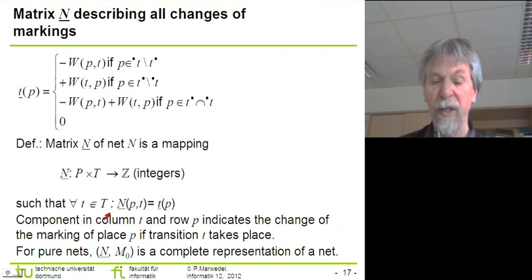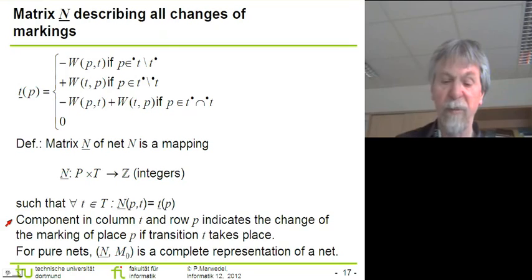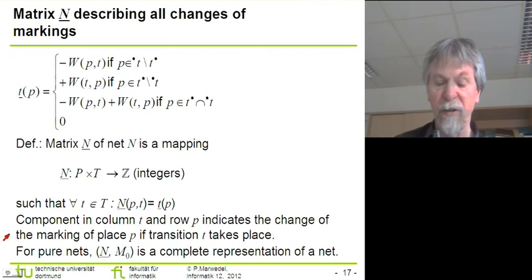And we see down here that we are using these vectors t underscore as the columns in this matrix. Now, just to be sure that you really understood the key purpose of this matrix, component t in row p indicates the change of the marking of the place p if transition t takes place.